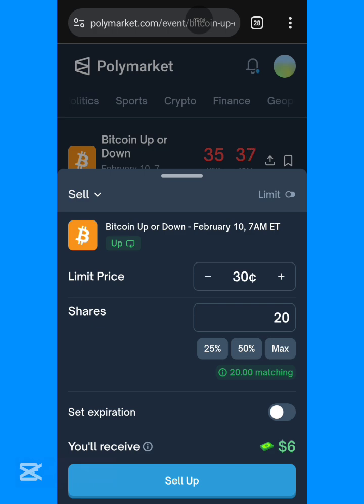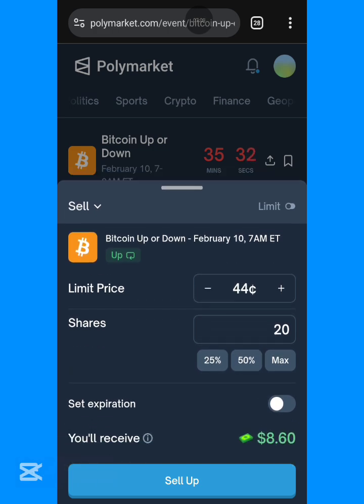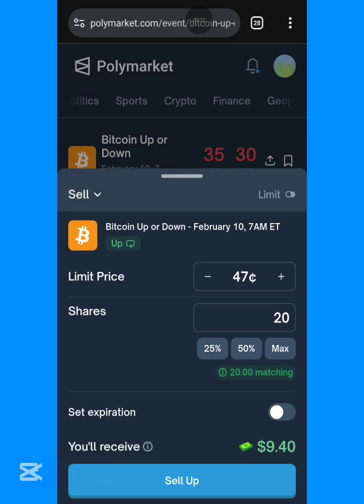So I will click this plus sign, if I'm not going to wait for the outcome of the trade. But if I'm going to wait for the outcome of the trade, there is no need of setting limit order. You just wait. But if you don't want to wait for the outcome of the trade, and you don't want to be monitoring the trade, you make use of a sell limit order.